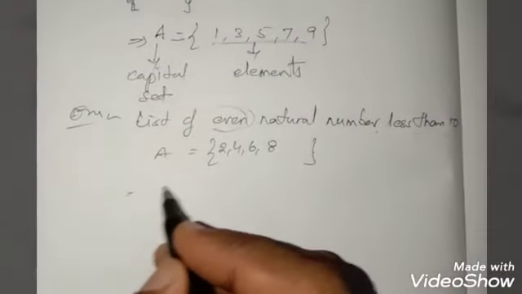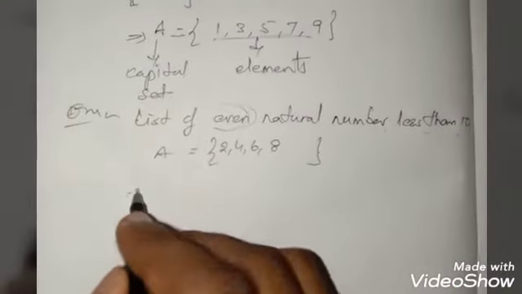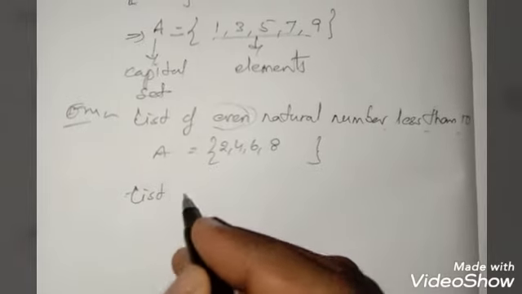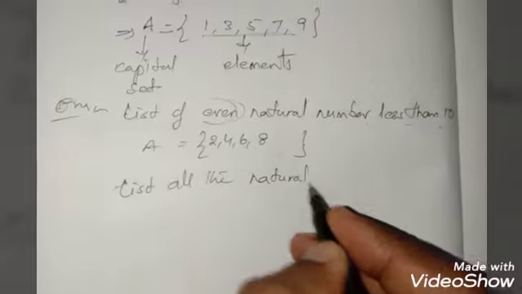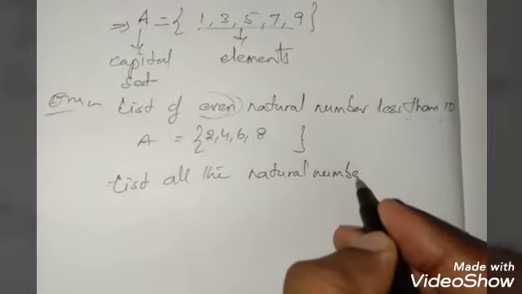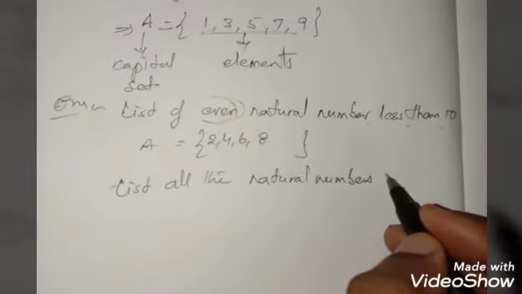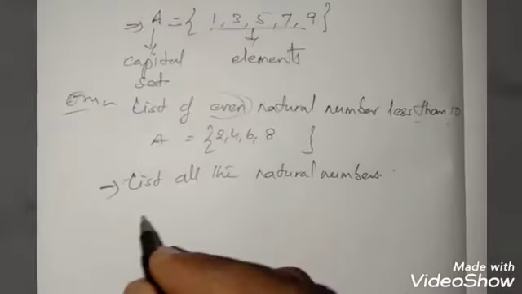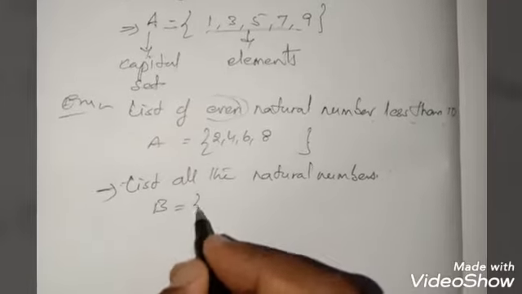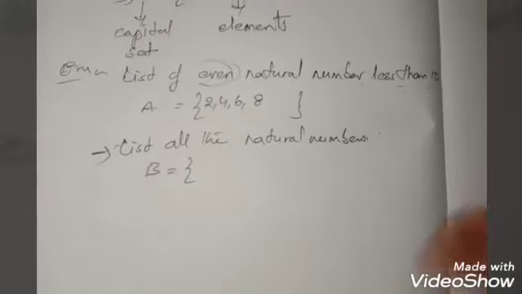Now if I go for the next question, list all the natural numbers. How will we represent this one? If I denote this as a set B, they are asking about the list of all natural numbers.